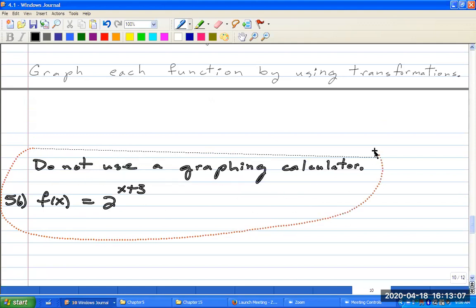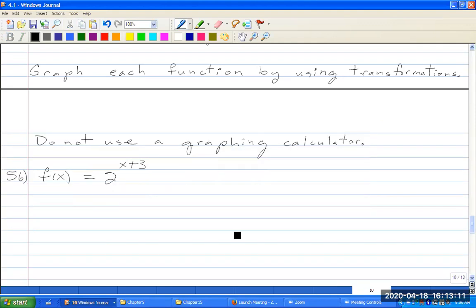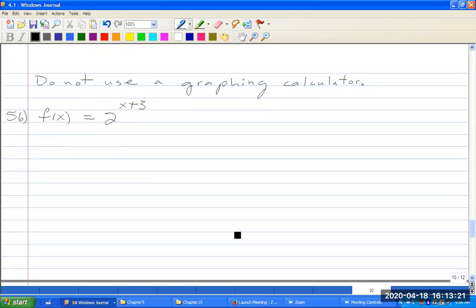Problem number 56. So in problem 56, graph each function by using transformations. Do not use a graphing calculator. Okay, so let's replace f of x by y.